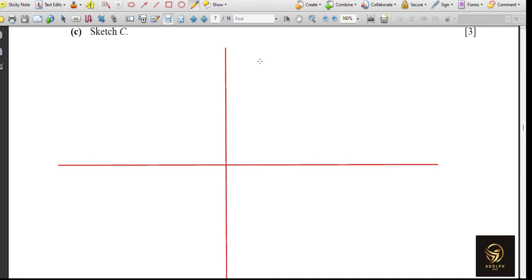First we can mark the vertical asymptote, which is going to be negative 1 by 2. The oblique asymptote is y equals 1 by 2 x minus 1 by 4. So it's going to be like this.